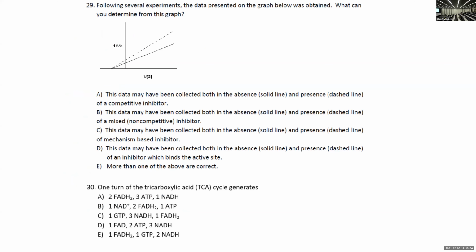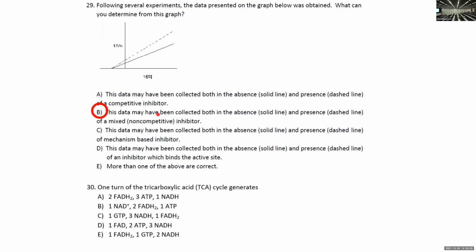Number 29, it's about different types of inhibition, right? It's B. Does that make sense to everyone? When it changes only the slope and keeps the same x-intercept, it's non-competitive inhibition, right?